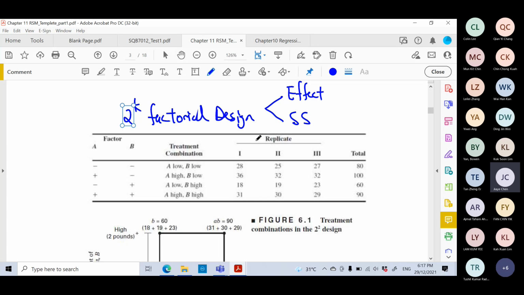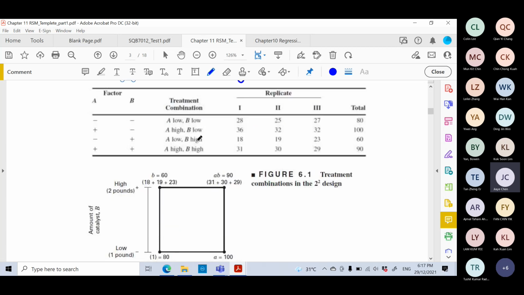This is an example from what you had previously: the low level, the high level of factor A, the high level of factor B, and both at the high level here. These are the notations you defined before: 1, a, b, and ab.